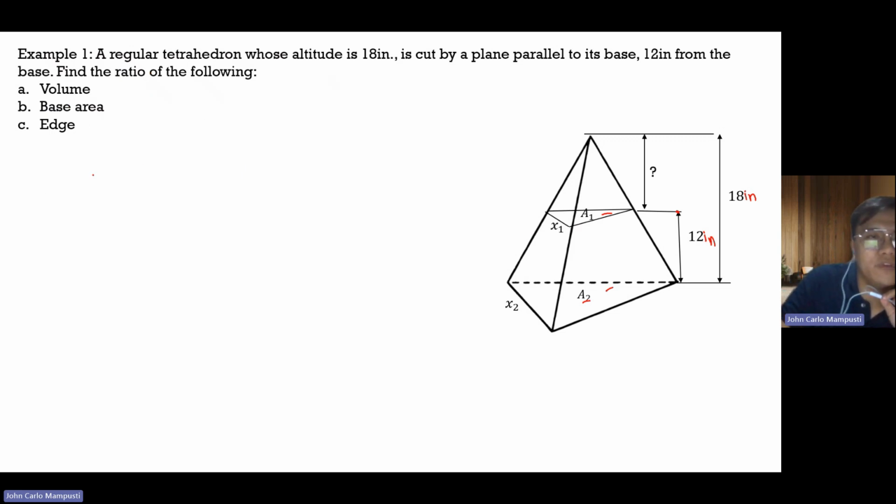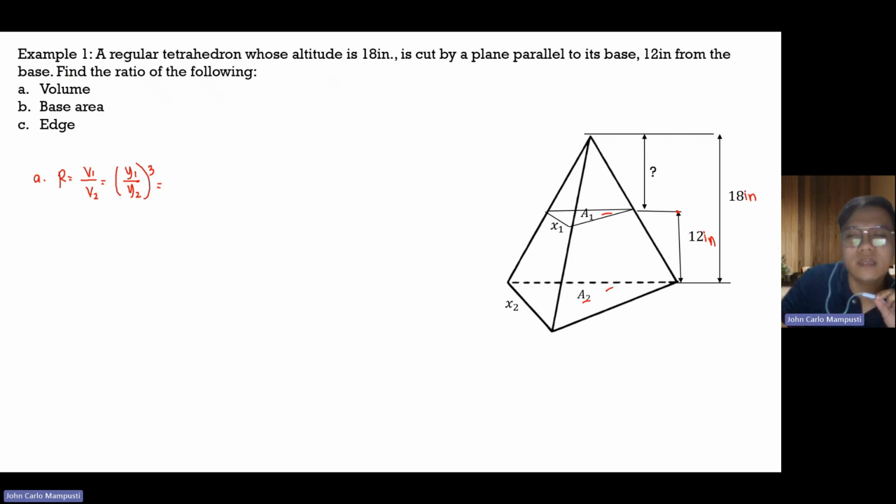Letter A, we have the volume. So yung ratio ng volume natin is V1 over V2 equal to, height yung given natin. So therefore, this is y sub 1 over y sub 2 cubed. That's the ratio ng volume natin.